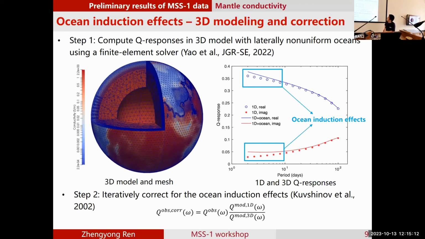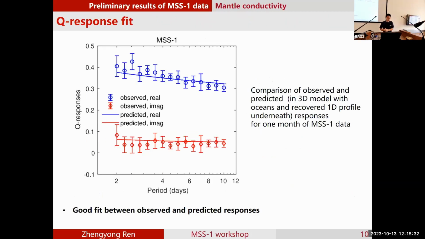In step 1, we compute the Q response in a 3D model with naturally non-uniform oceans, and a 1D model underneath, with a finite element solver. And in step 2, we iteratively correct the ocean effects by applying this formula. And after correcting the ocean effects, we use our inversion algorithm to invert the data for the mantle conductivity profile.